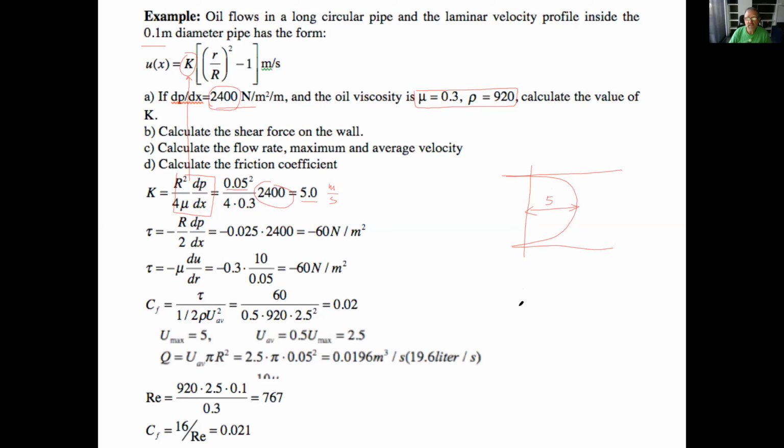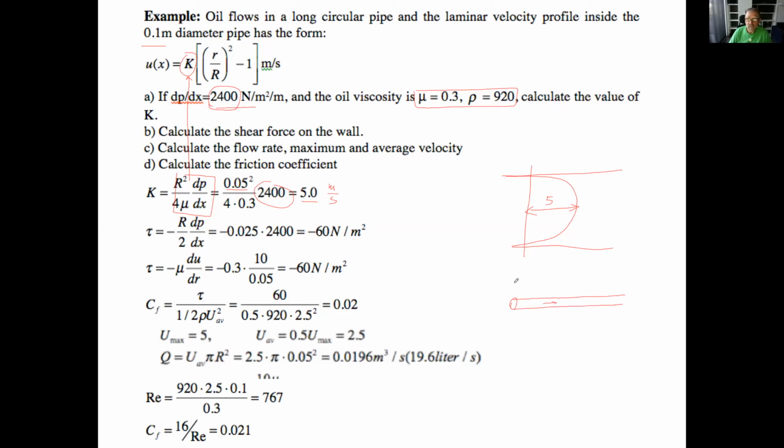So I have a circular pipe, and then it's long. I don't know how long it is, okay? I don't know how long it is. And there's SAE 5 motor oil flowing inside.